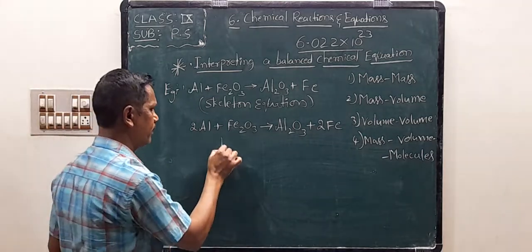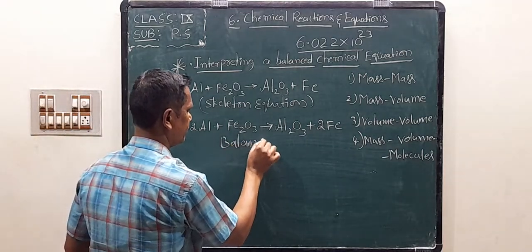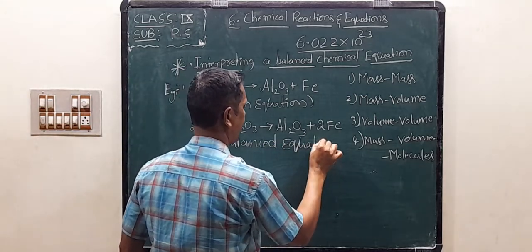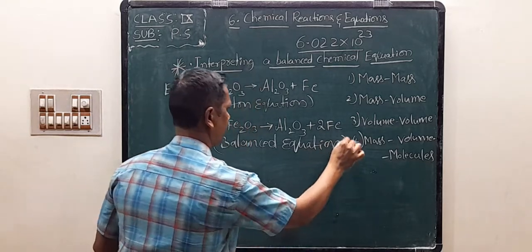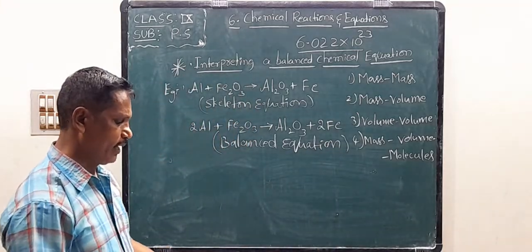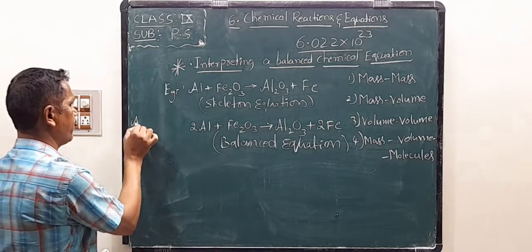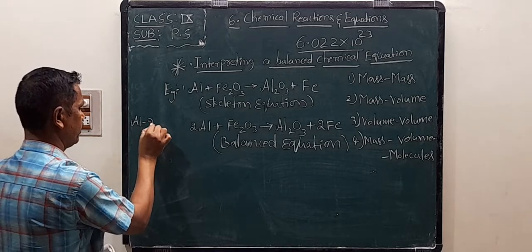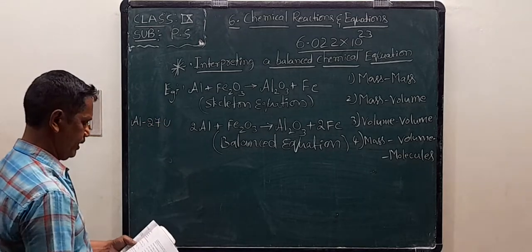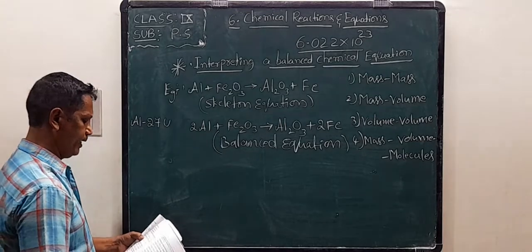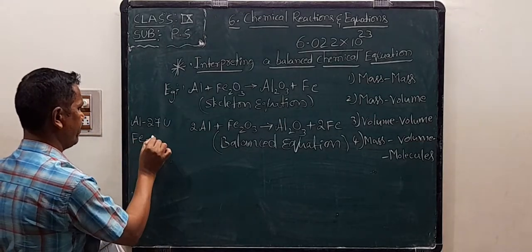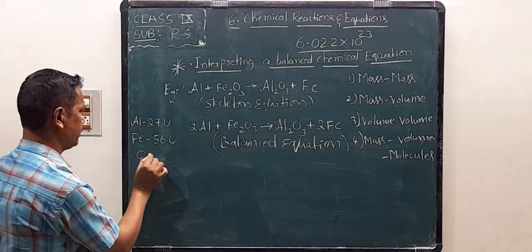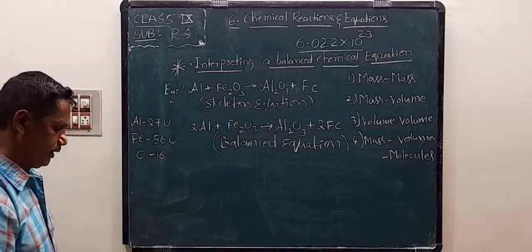Now the atomic mass of aluminum is 27 units, of iron is 56 units, and of oxygen is 16 units.